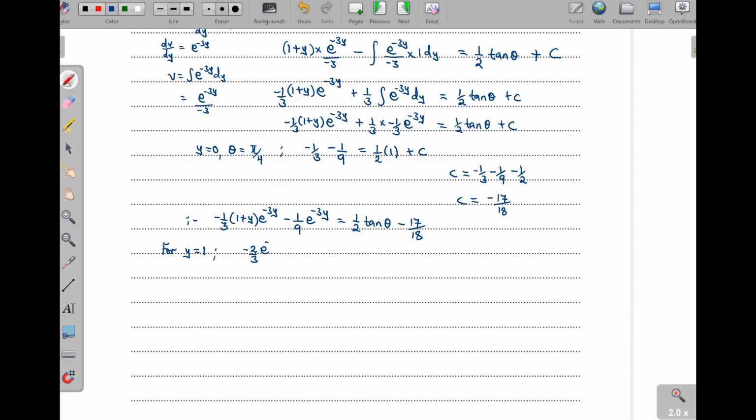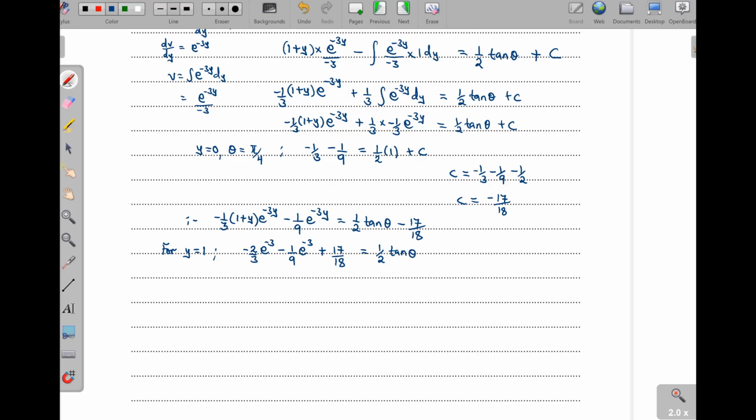Negative 3. When you put a 1 here, then minus 1 out of 9, then e still to the power of negative 3. Then I can put the 17 over 18 this side, and then I equate this one to a half of tan theta.